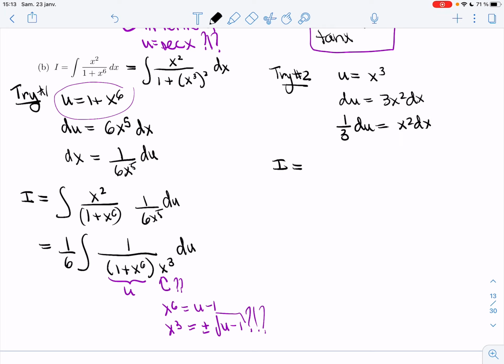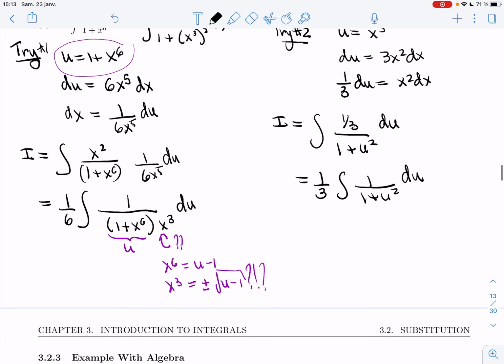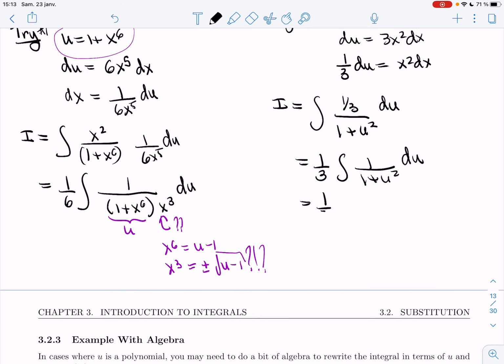My integral is 1/3 du over 1 plus u squared, and I get 1/3 the integral of 1 over 1 plus u squared. That's one of the basic ones. It's arctan, so I get 1/3 arctan of u plus c.